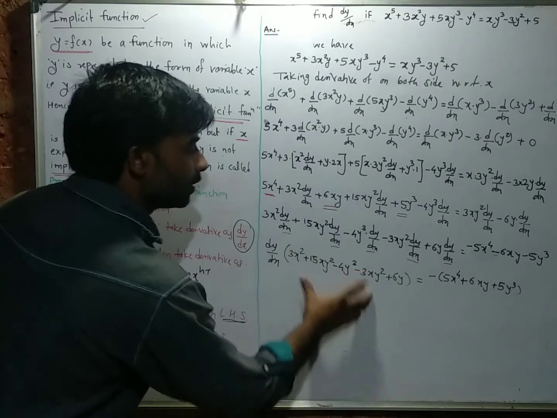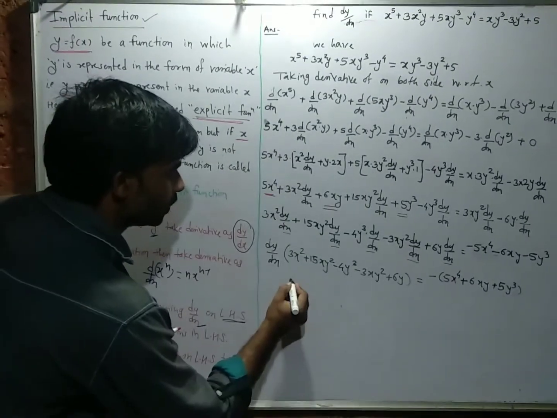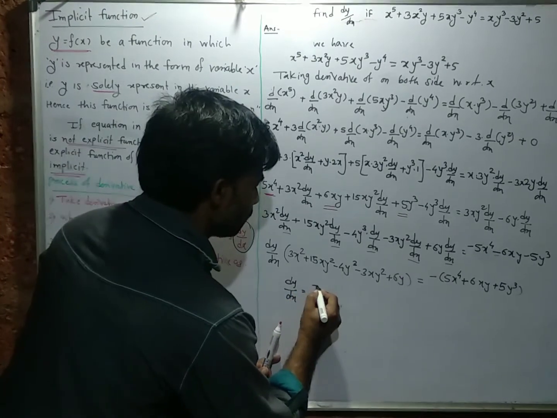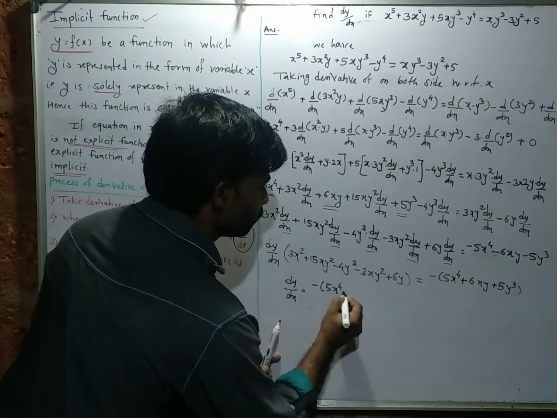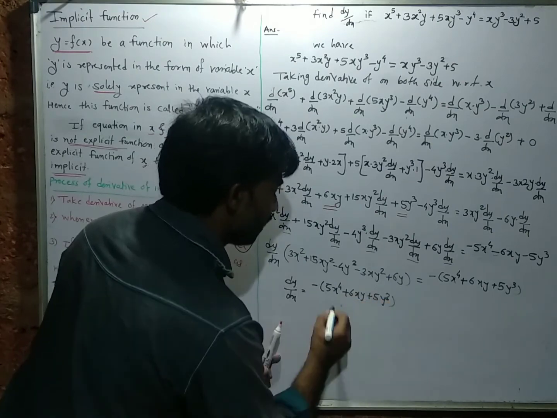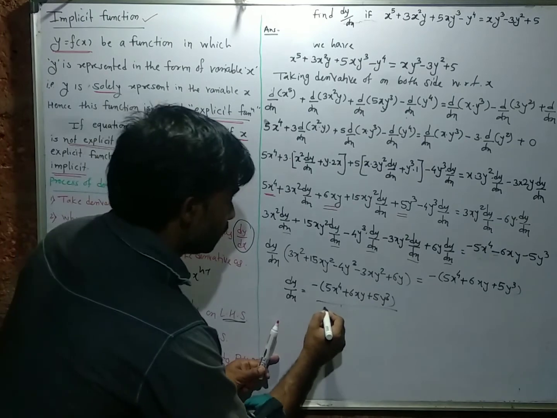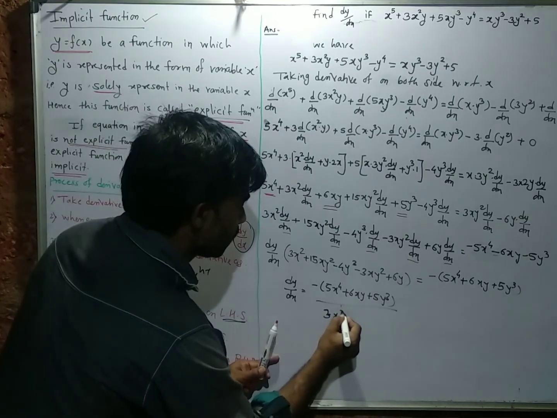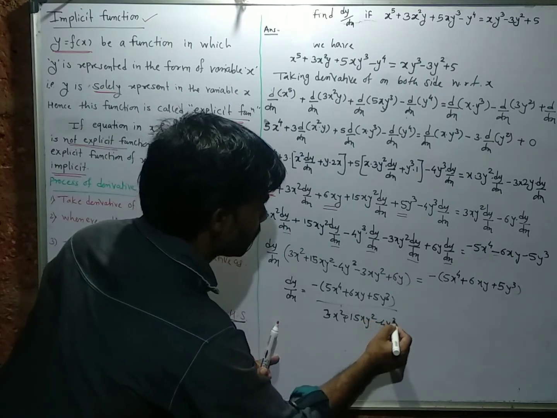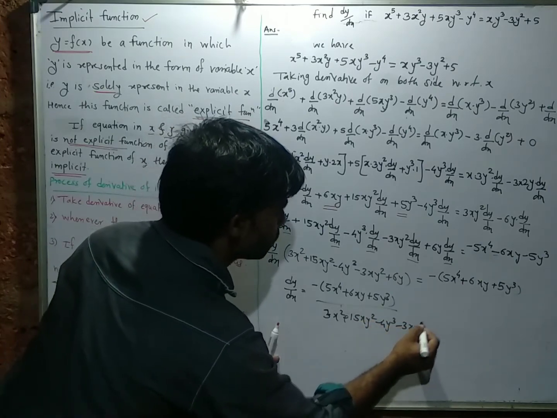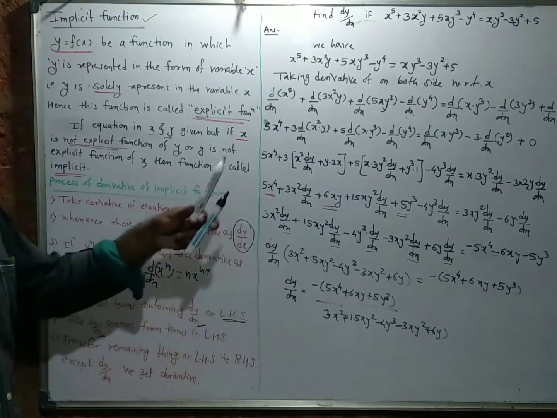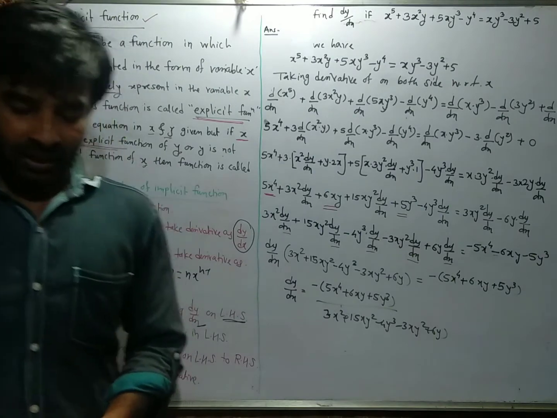It is multiplied here, so it is divided there, therefore you will get dy by dx is equal to minus inside the bracket 5x raised to 4 plus 6xy plus 5y cube, divided by 3x square plus 15xy square minus 4y cube minus 3xy square plus 6y, and this is your final result related to that implicit function.